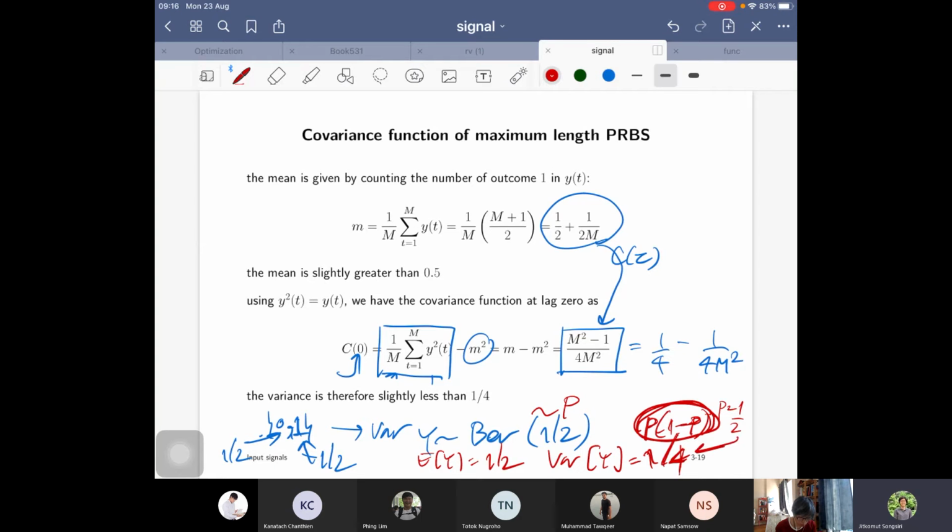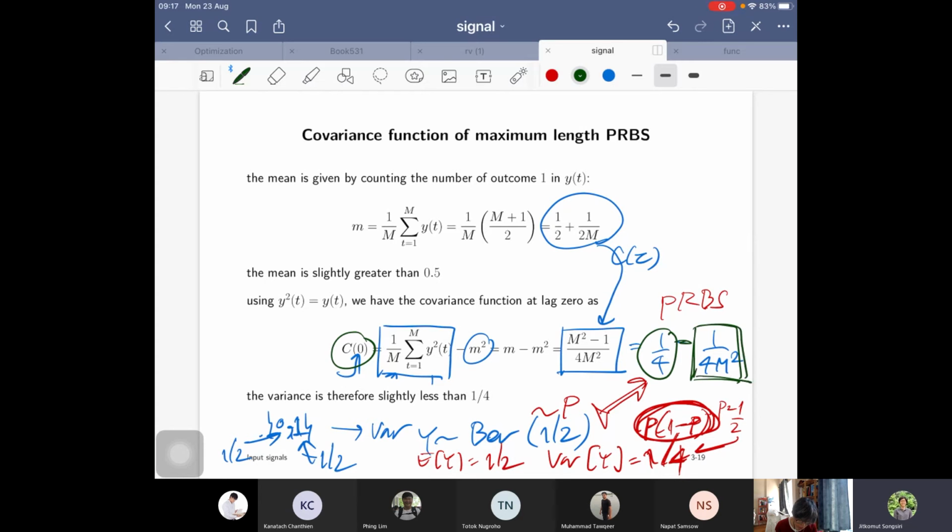What I would like to mention is the relation to the PRBS, which is not purely random. That's why we call it a pseudo-random binary sequence. But it turns out that the covariance at lag 0 gives you something close to a pure random variable, because the covariance is just 1/4 minus other terms.